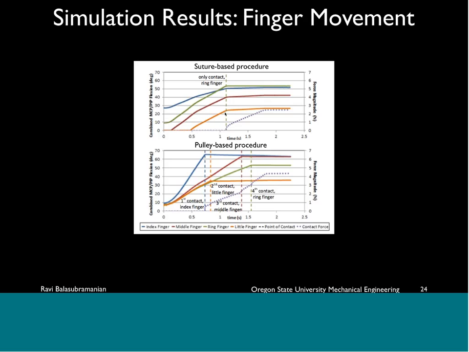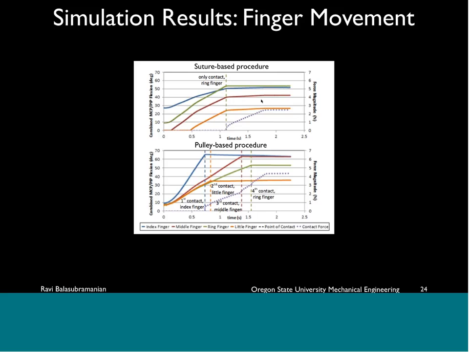So we are adding up the joint angle change for the MCP, the PIP, and the DIP joints. The point I want to take from the suture-based procedure is that as soon as the ring finger made contact, all the other fingers also stopped. And so this shows very poor adaptability for the suture-based procedure.